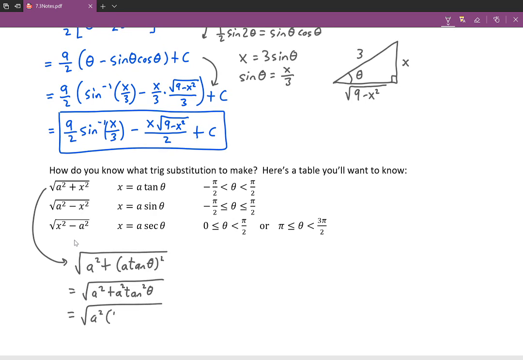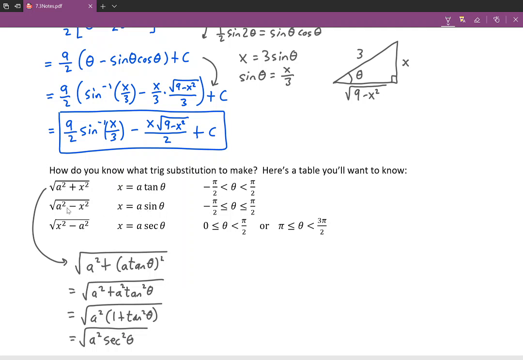A squared, and you'll be left with 1 plus tangent squared theta, which by a trig identity gives you secant squared theta. So then the square root can apply to the a squared and the secant squared theta, and you'll just get a times secant theta. So it collapses the square root.